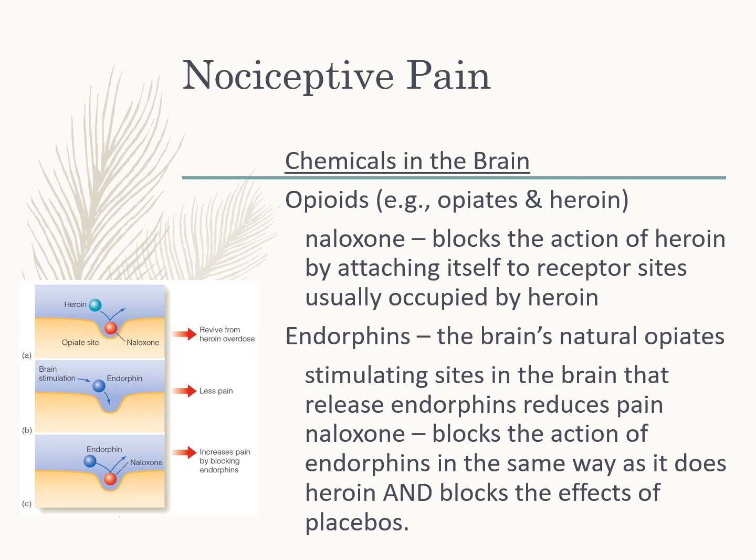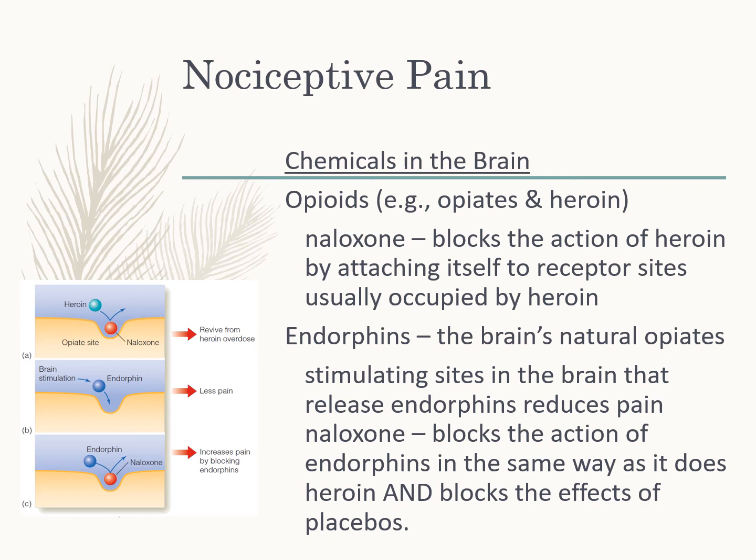This is actually the treatment for an overdose of heroin: they will inject somebody with naloxone so that it blocks the heroin from getting into the receptor sites of the brain. If we continue to look at this picture, we go to B, where endorphins fit into those same receptor sites. What that means is we can inject someone with naloxone, and it will also block endorphins from getting into those receptor sites.